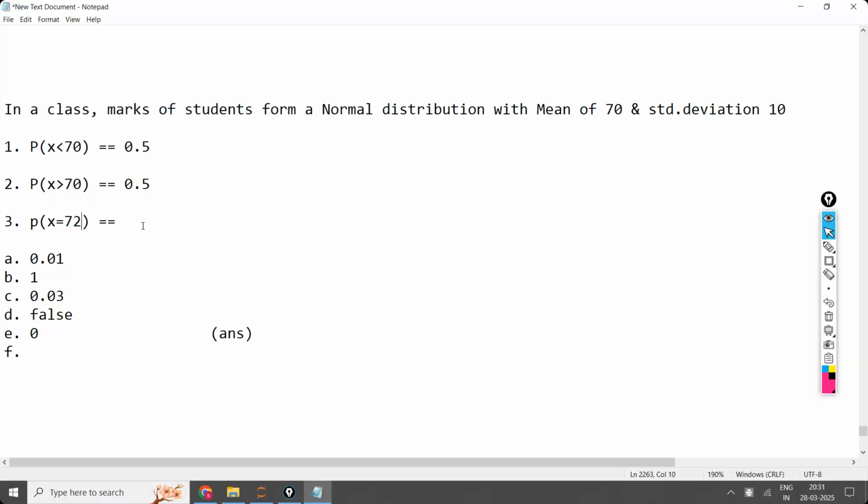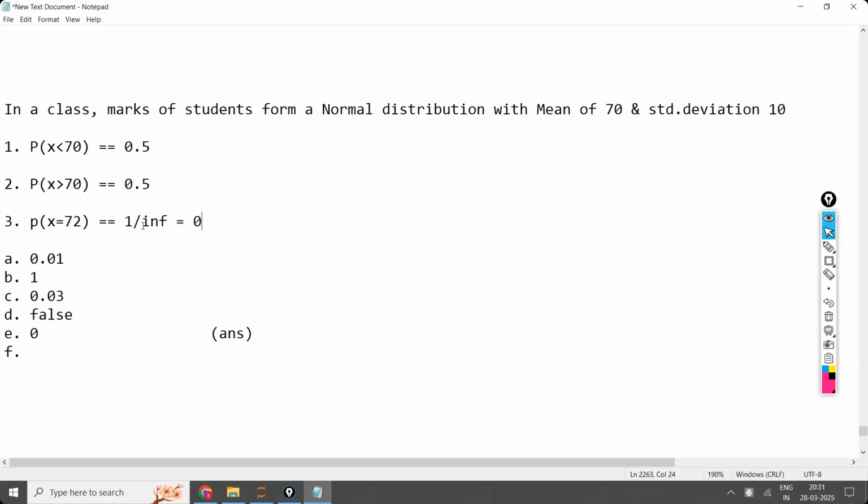Why? The point is very simple. That is one number divided by, we don't know how many numbers there are, which is infinite. So the answer is 0.